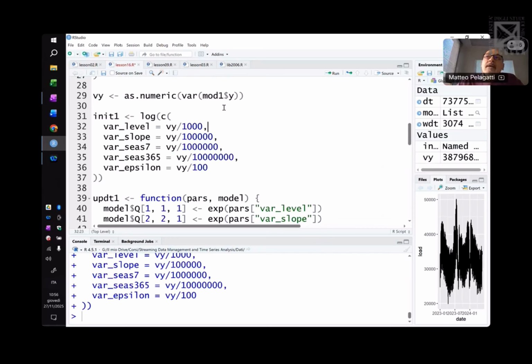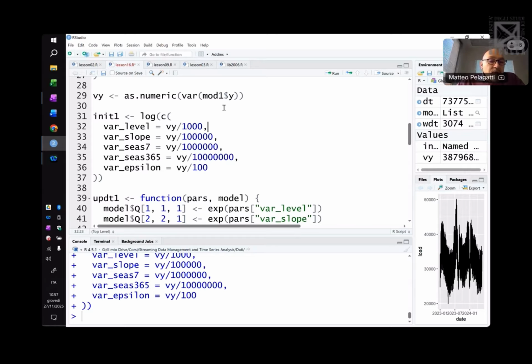In practice, they may be important, because if you mess up too much the scale of these values, then you can go very close to infinity or something that is not numerically treatable, and so you will get problems. Another reason is that, of course, the better the initial values, the quicker the optimizer will reach the optimum.